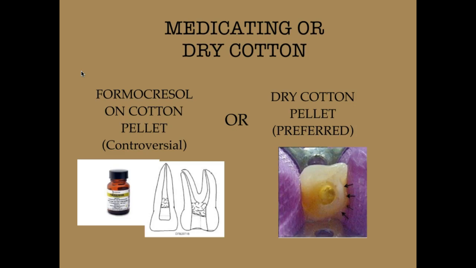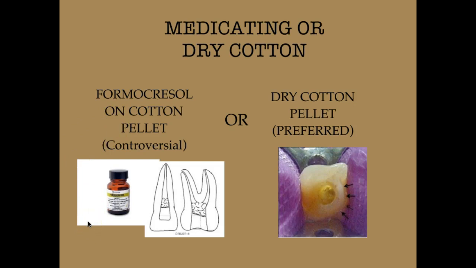Between appointments, there could be medication placed in the pulp chamber or just a dry cotton pellet, which is actually the preferred method. The medicating of a tooth is somewhat controversial in that many times a formocresol, a formaldehyde cresol solution, is used on a cotton pellet.